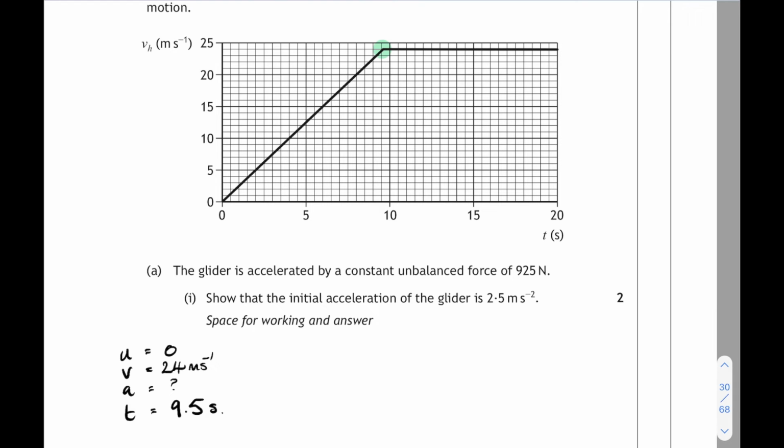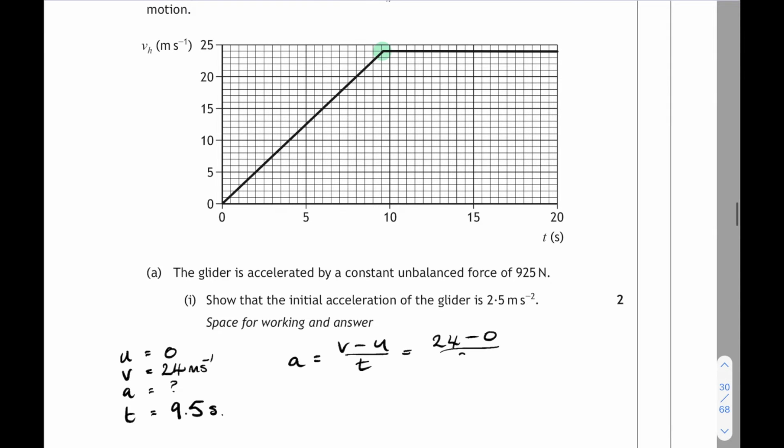And then we're going to use our acceleration relationship from the relationship sheet and substitute in our values. 24 minus 0 over 9.5, that gives us our acceleration of 2.5 meters per second squared.